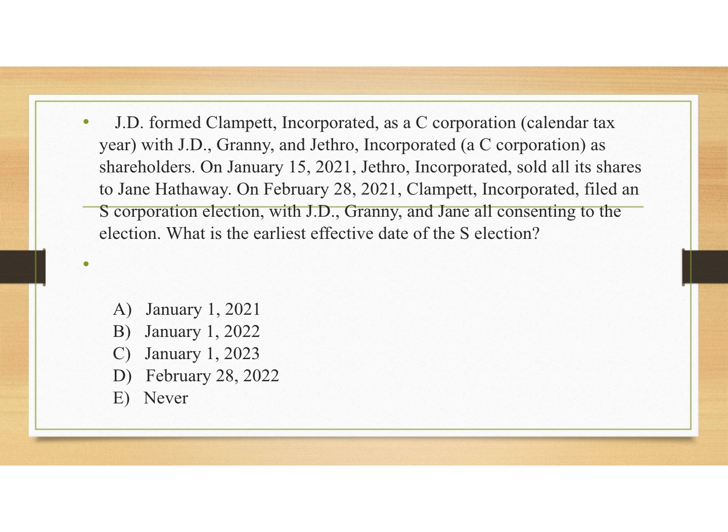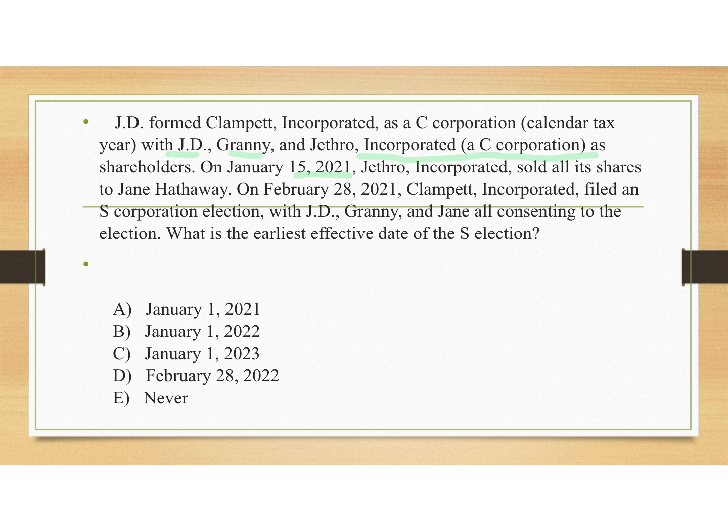All right, so let's take a look. So now we've got JD, and they form Clampett Incorporated as a C corporation, and it's a calendar tax year, and they've got JD, Granny, and Jethro, a C corporation, as shareholders. Okay, on January 15th, 2021, Jethro Incorporated sold all of its shares to Jane Hathaway.